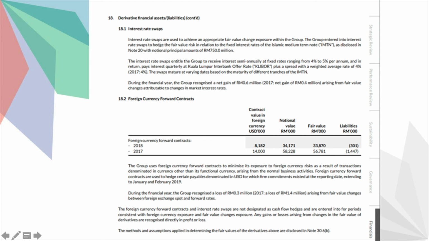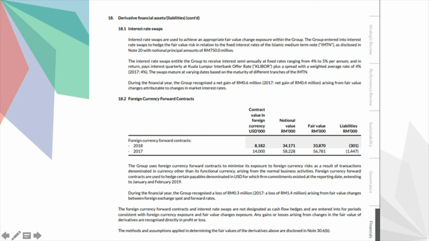The interest rate swaps entitle the group to receive interest semi-annually at fixed rates ranging from 4% to 5% per annum, and in return pay interest quarterly at KLIBOR plus a spread with a weighted average rate of 4% in 2017, also 4%. The swaps mature at varying dates based on the maturity of different tranches of the IMTN.